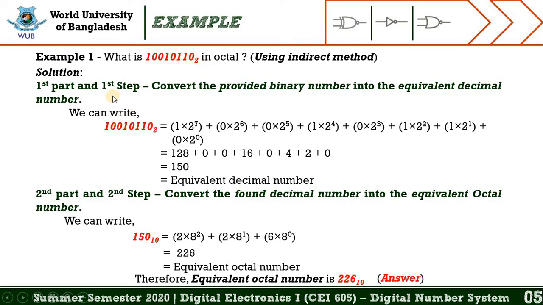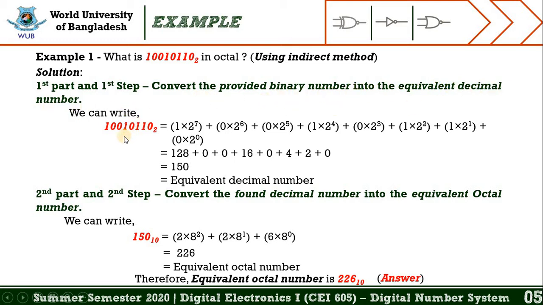First, we need to convert the provided binary number into an equivalent decimal number. After that, the found equivalent decimal number is converted into the equivalent octal number. So let's begin with the first part. First part and first step: convert the provided binary number into the equivalent decimal number.